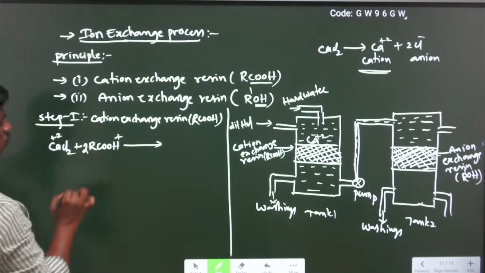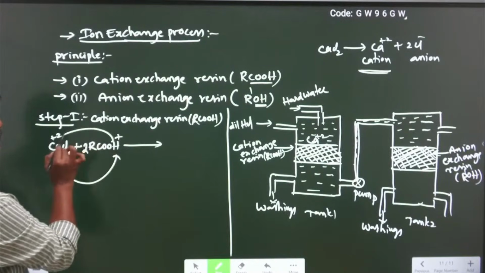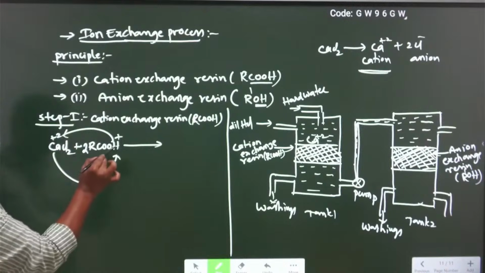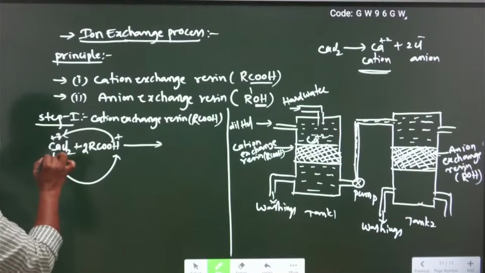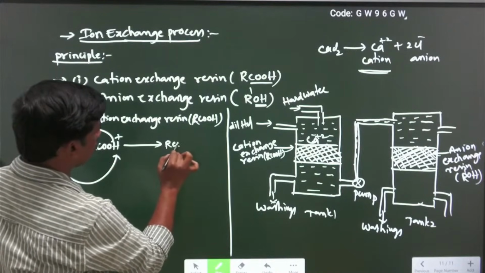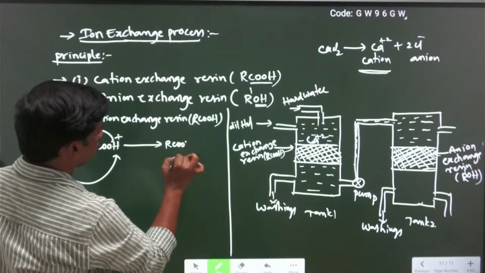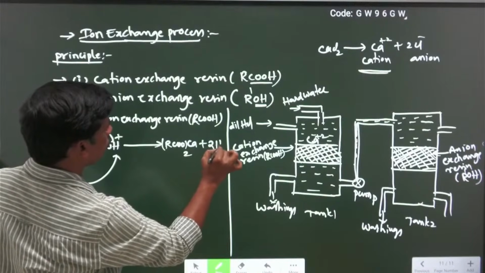You can take 2 moles. This cation is coming here, and this cation is coming here. This H plus is also a cation, a proton, and this calcium plus 2 comes here to form (RCOO)2Ca plus 2H plus.